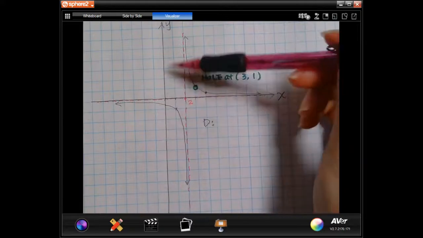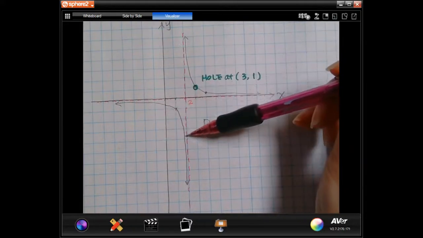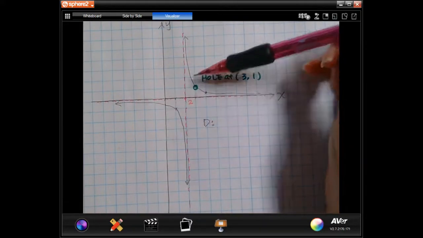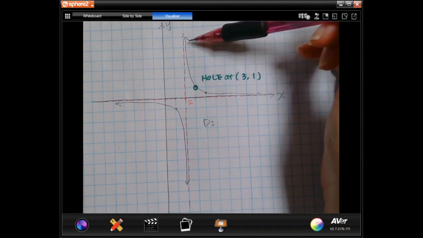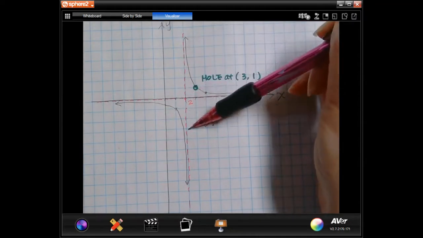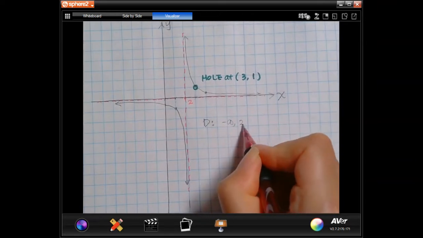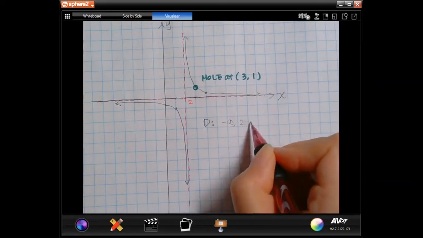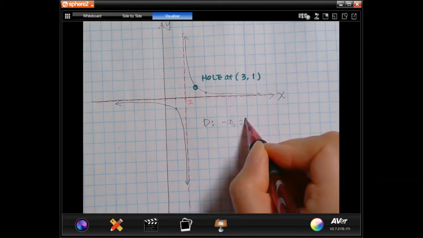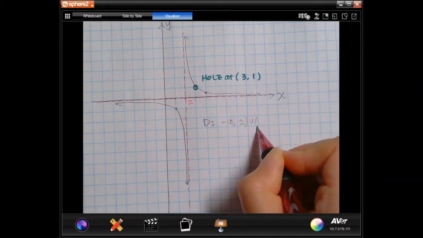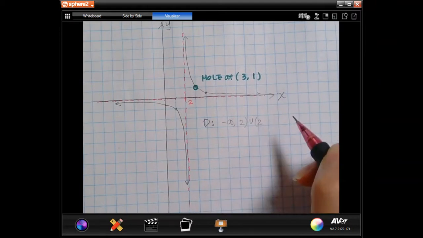But because of this asymptote, approaching this way and approaching this way makes a discontinuity at 2. So negative infinity up to 2. To express the discontinuity, we put parentheses, a union, and another parenthesis at the same position.